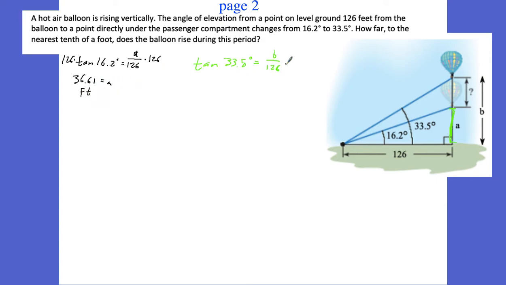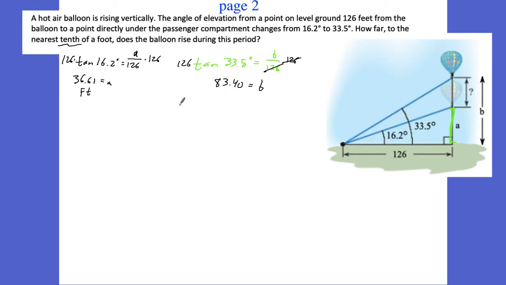And then b, we do the same thing, multiply both sides by 126. 126 is reduced to 1, and we're left with b equals 126 times tangent of 33.5 this time. So we have 83.40 equals b. We want to round to the nearest tenth of a foot.